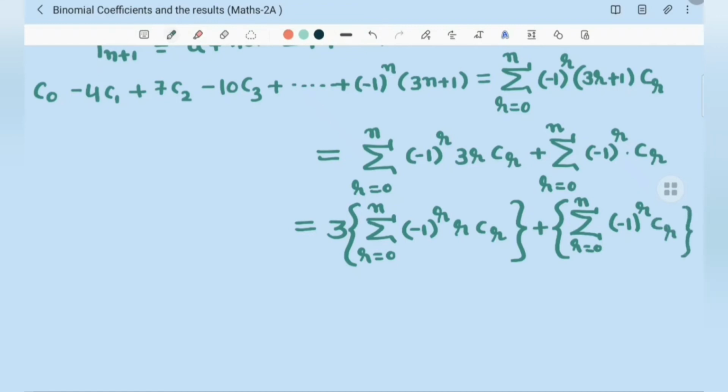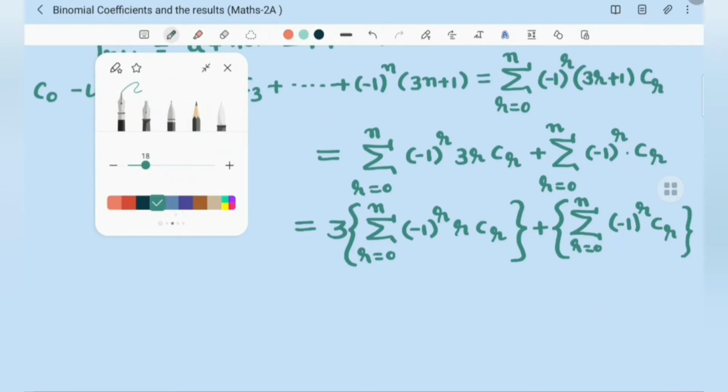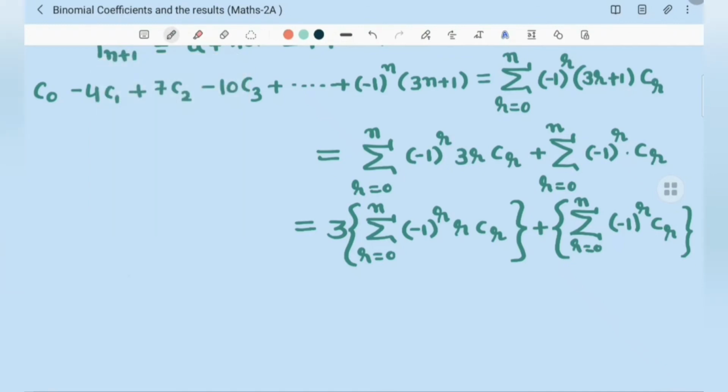In the earlier classes, we discussed this type of series. We have that sigma r equals 0 to n (minus 1) whole power r into r Cr has value 0. This is the first one. And also sigma r equals 0 to n (minus 1) whole power r into Cr has value 0.